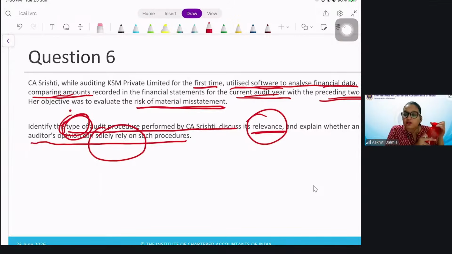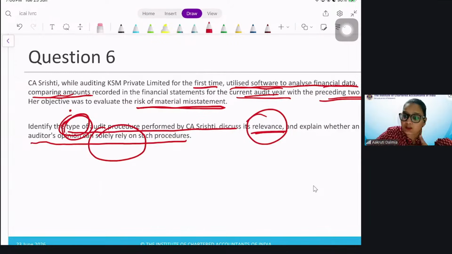When Srishti is doing substantive procedure, can she again use analytical procedure to find evidence? Substantive करते टाइम भी वो analytical use कर सकती है वापस से? Yes. So, can analytical procedure be used both as risk assessment procedure and also as substantive procedure depending on the intention of the auditor?